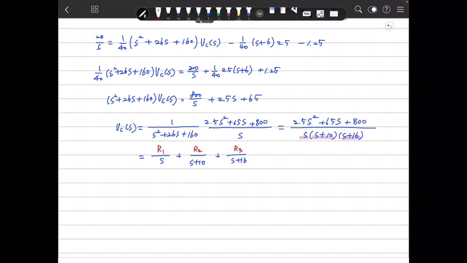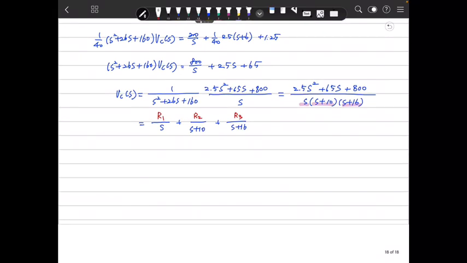So we need to figure out the values of R1, R2 and R3. So how to get R1? You know that R1 is the same as multiplying s and VCS, then s will be 0.